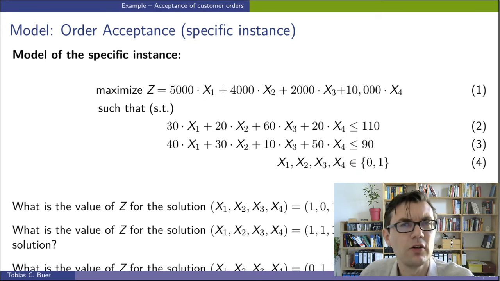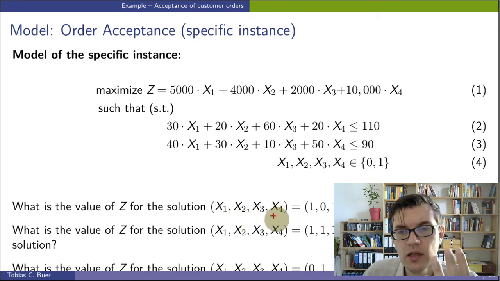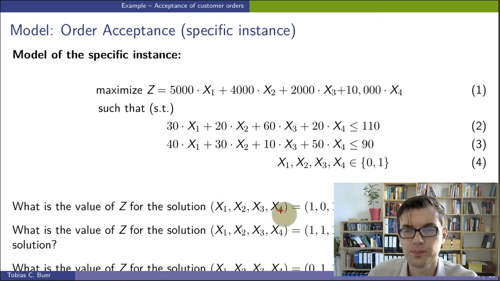Now let's look at some solutions. A solution is described by values for the decision variables. We have 4 decision variables, meaning a vector of 4 decision variables, and the values for this vector are 1, 0, 1, 0, meaning we accept orders number 1 and 3, and we reject orders number 2 and 4.